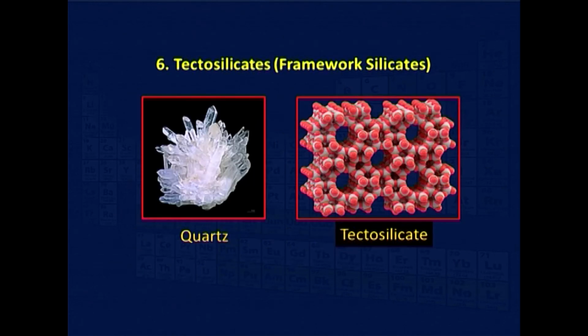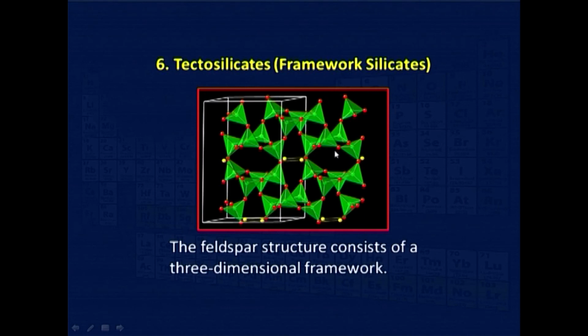This is the structure of quartz, and it is the beautiful structure of tectosilicate having the framework structure. This is the structure of feldspar. Again, it represents the 3-dimensional framework type of silicate. This is the feldspar structure.